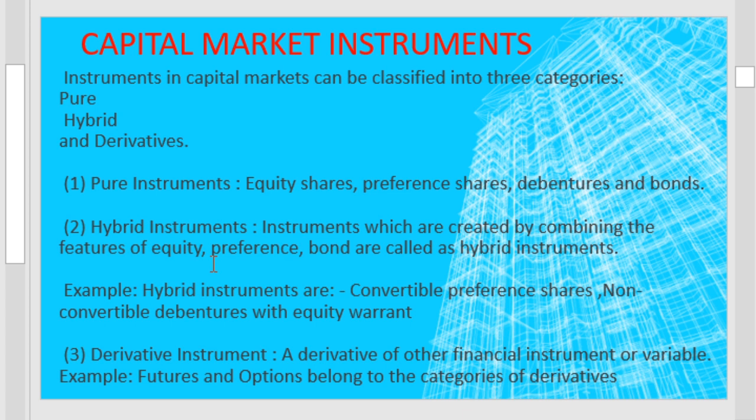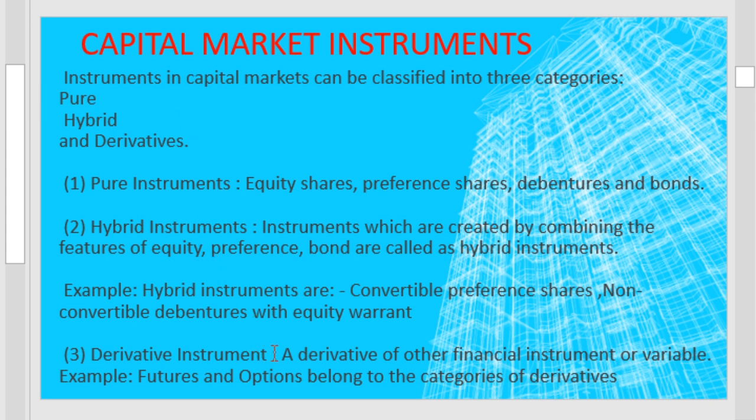Hybrid instruments are created by combining the features of these pure instruments like equity, preference, bonds, etc. They show the characteristics of combinations of the pure instruments. Examples of hybrid instruments are convertible preference shares, non-convertible debentures, etc.